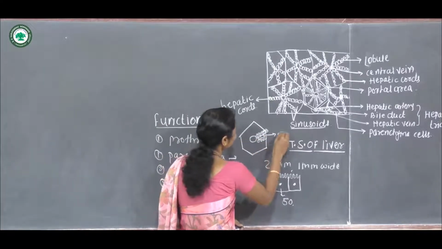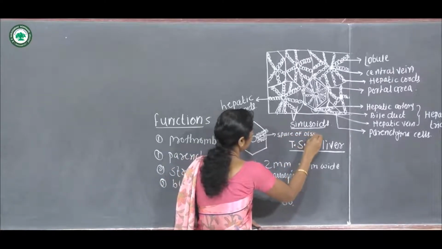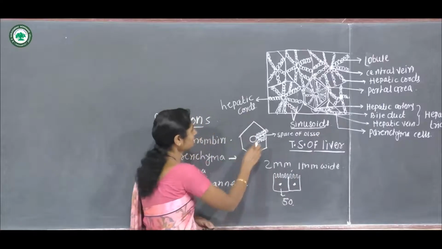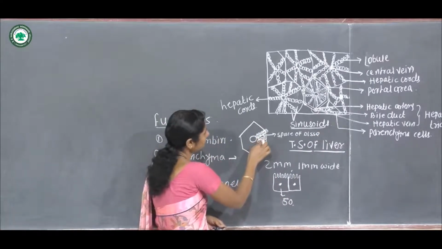The space of Disse is present between the hepatocytes and sinusoids.